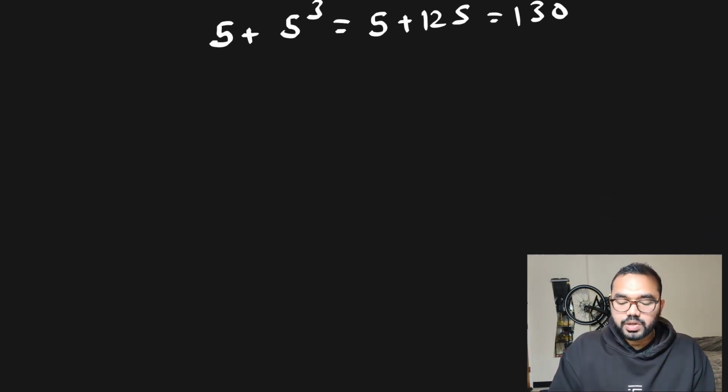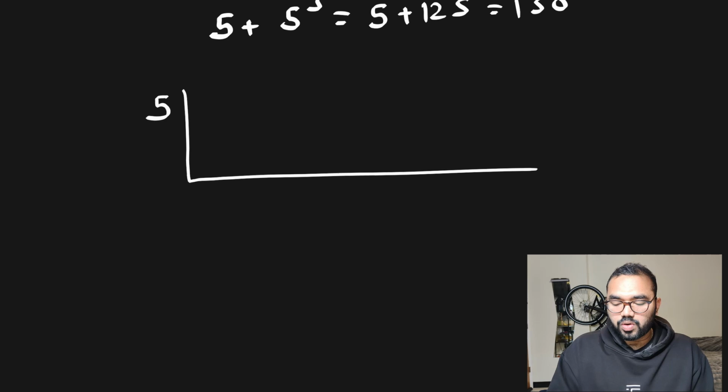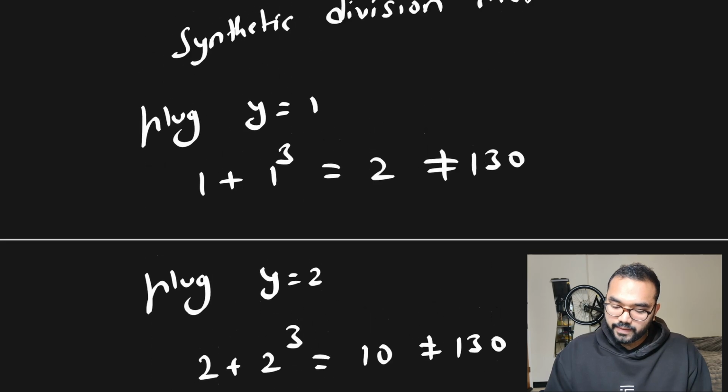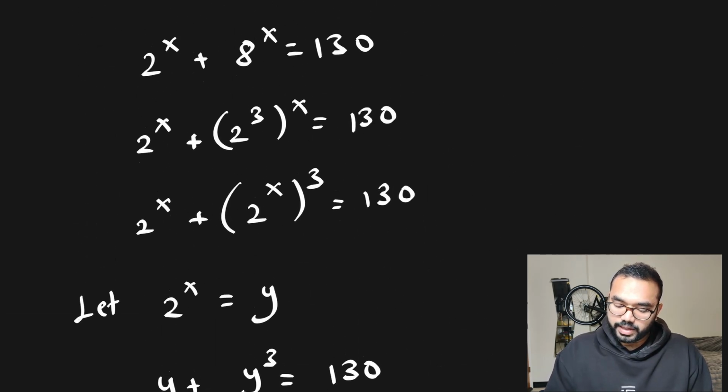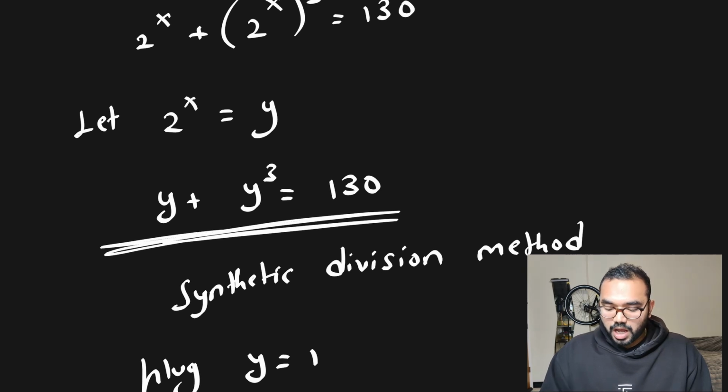So let's use y is 5, and for the synthetic division method we're gonna write a row of the coefficients of the polynomial. We have y cubed plus y is 130, right? That is our polynomial here. So how do we do it?